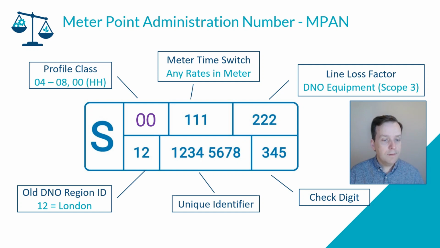Then we have the DNO region ID. So for example, in the UK, there's about, I want to say 16 old distribution network regions. So you have Northeast, Southeast, London, areas in Scotland. These companies have been bought over, merged.